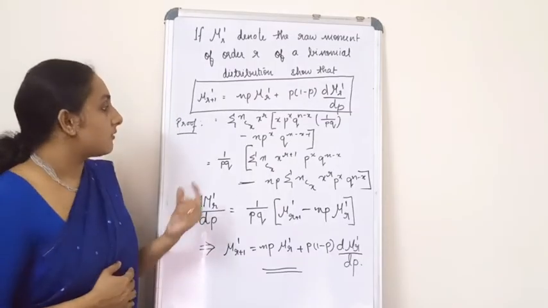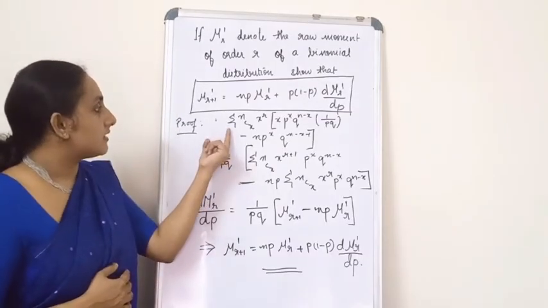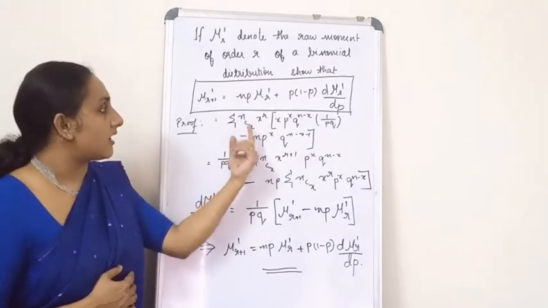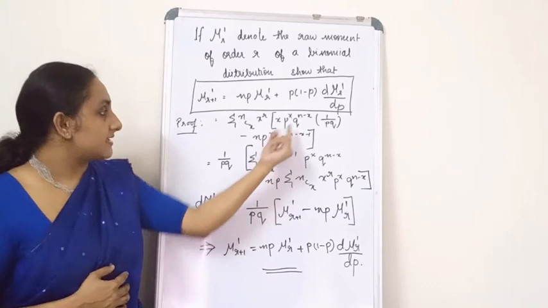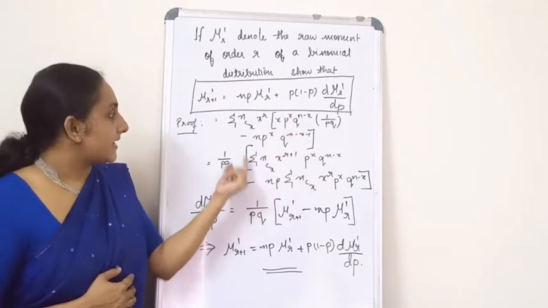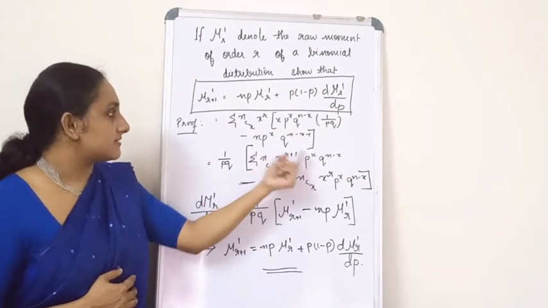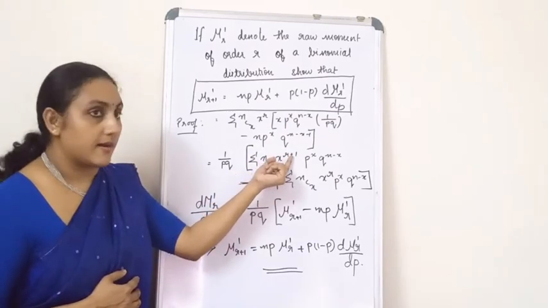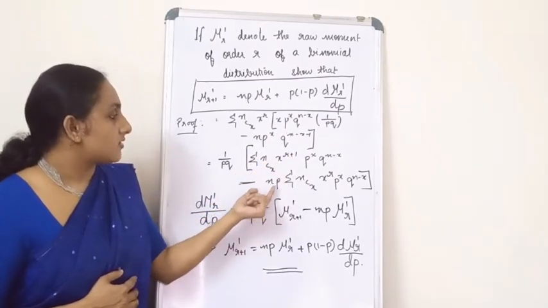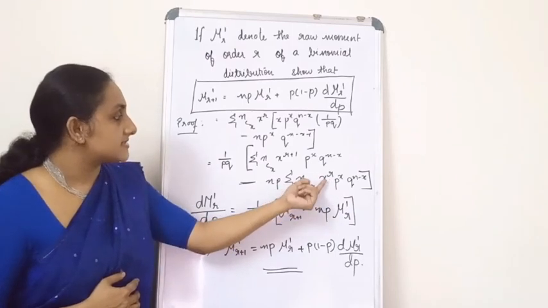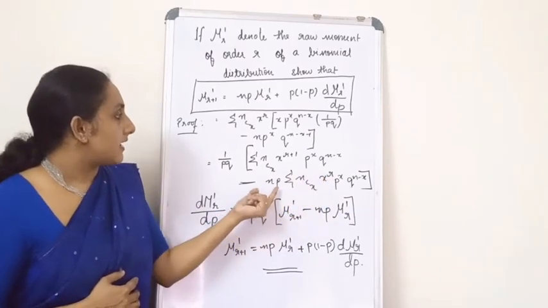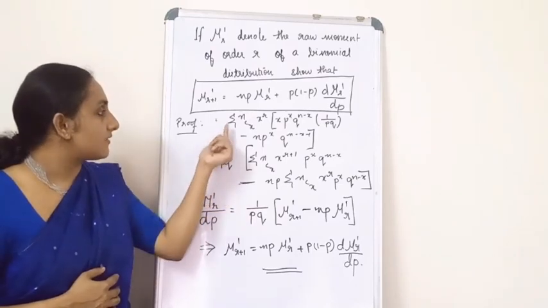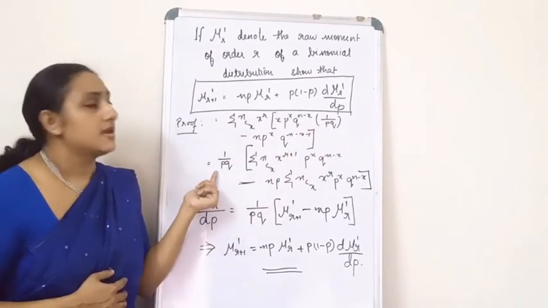Next, I'm going to take this summation nCx (x minus np) raised to r inside these two terms. So when I take it inside these two terms, I get summation nCx (x minus np) raised to r plus 1 over here, and over here I get nCx (x minus np) raised to r. What I'm going to do in the second step is divide this whole thing by pq.